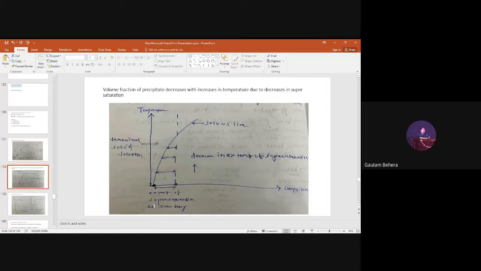Or you can say the extent of supersaturation is maximum at room temperature, but if you increase the temperature, the extent of supersaturation is decreasing. This point resembles the alloy composition which you have chosen. From here to here is the extent of supersaturation. So the extent of supersaturation decreases with increasing temperature. This is the reason why the volume fraction of the precipitate decreases with increasing temperature.